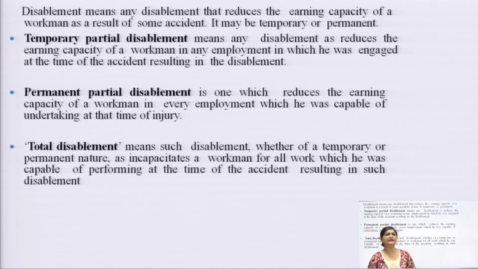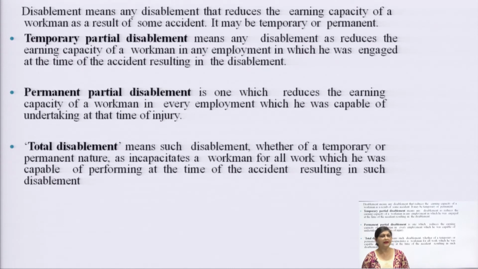Now, disablement, as we already discussed, means any disablement that reduces the earning capacity of a workman as a result of some accident. It may be temporary or permanent. Temporary partial disablement means any disablement which reduces the earning capacity of a workman in any employment in which he was engaged at the time of the accident resulting in the disablement.